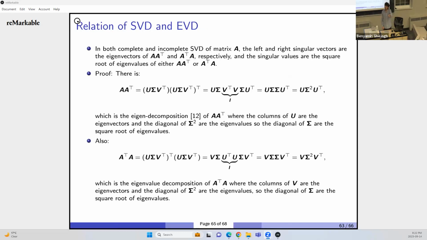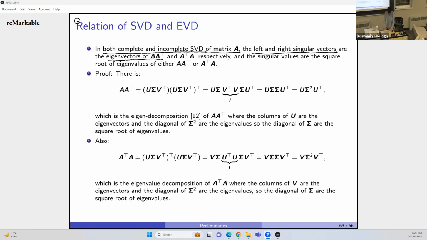There is a relation between eigenvalue decomposition and singular value decomposition. No wonder they're both important. So in both complete and incomplete SVD of a matrix A, doesn't matter which, the left singular vectors are the eigenvectors of A A transpose.